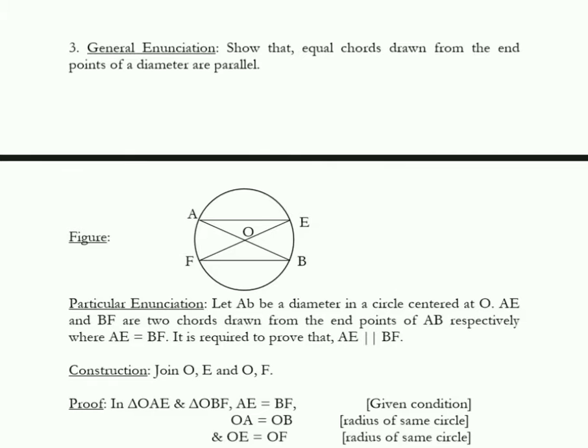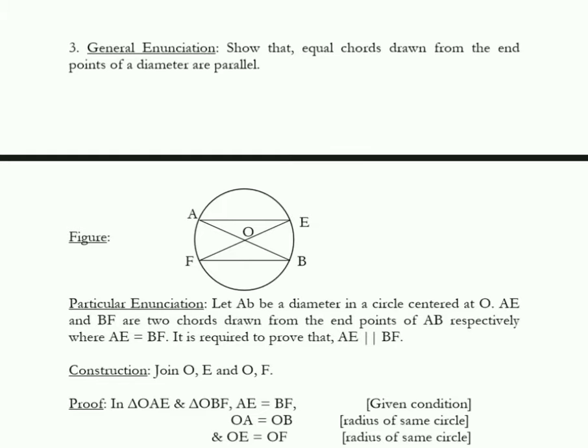Let AB be a diameter in a circle centered at O. AE and BF are two chords drawn from the endpoints of AB respectively. That means AB এর A endpoint থেকে AE and B endpoint থেকে BF দুইটা chord draw করা হয়েছে. We have to prove that if AE equals BF, then AE is parallel to BF.